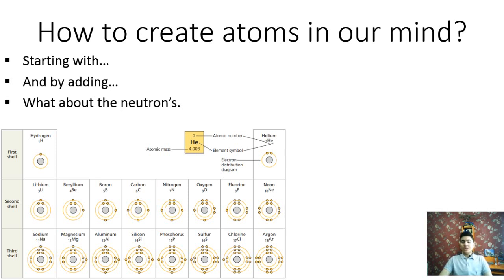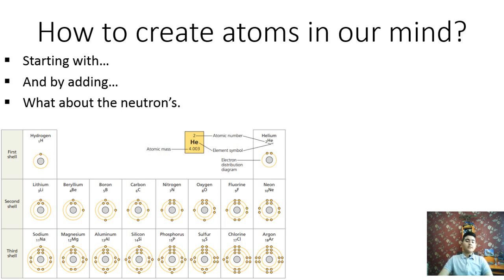However, the first shell can only carry 2 electrons. Thus, hydrogen and helium are the only elements in the first row of this periodic table.